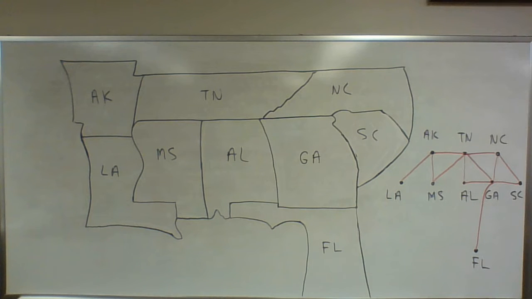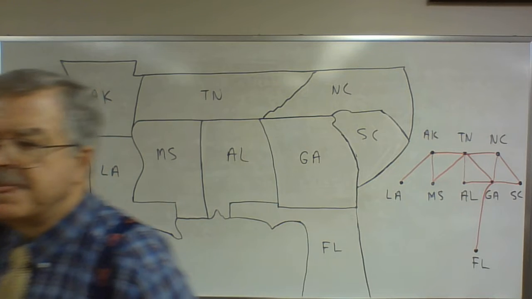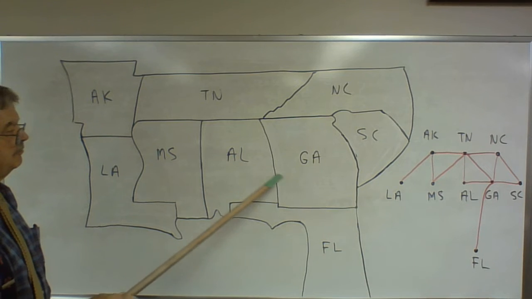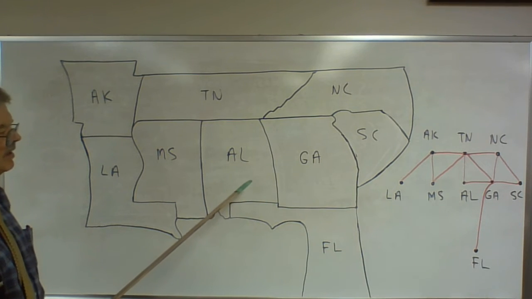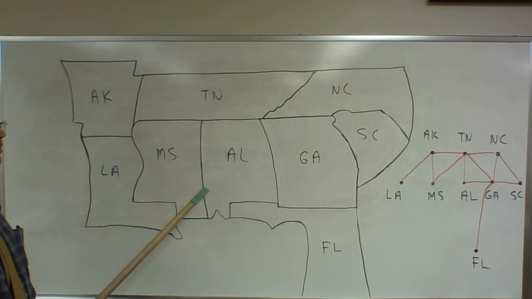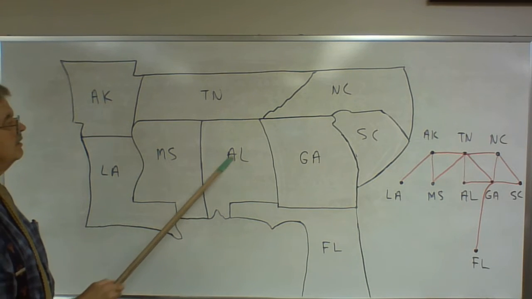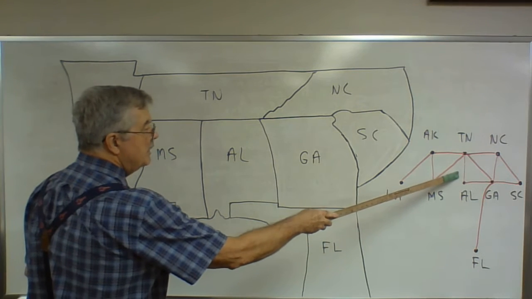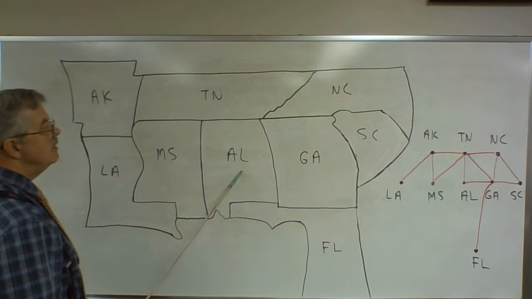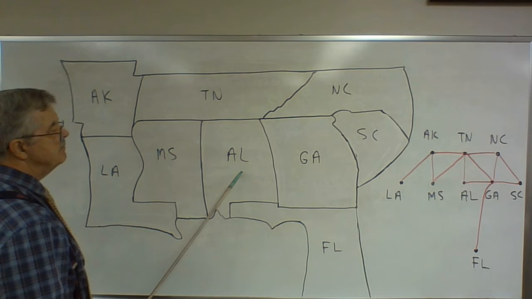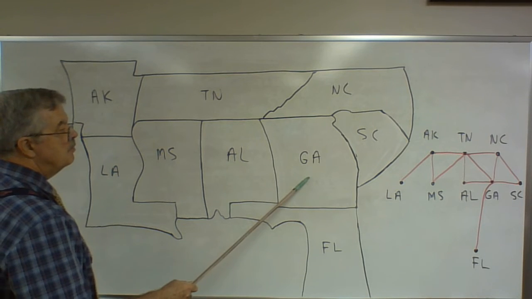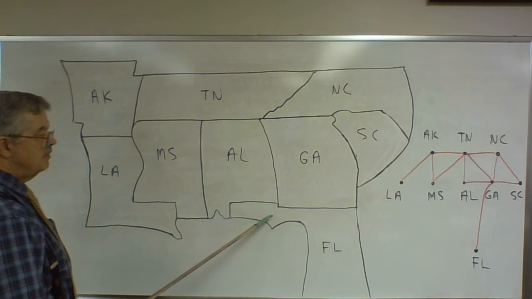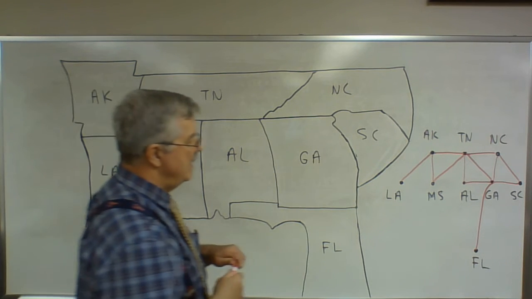Okay, now it's Alabama's turn. Alabama borders Georgia. Let's see. Oh my goodness, where do I want to start? Let's start with Tennessee, okay? Alabama borders Tennessee. We got that. Alabama does not border North Carolina. Alabama does border Georgia. We got that. Alabama does border Florida. We got to add that.